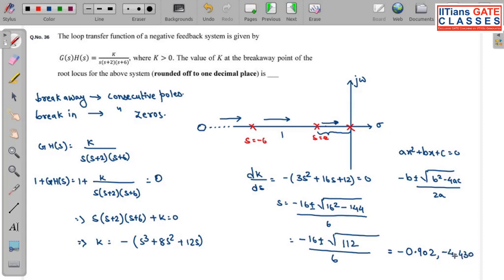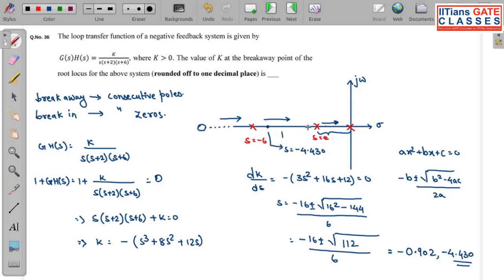Now tell me, which value of s is a valid root locus point? Is it minus 4.430 or minus 0.902? You can see this point minus 4.430 will lie somewhere here. This is s equal to minus 4.430.